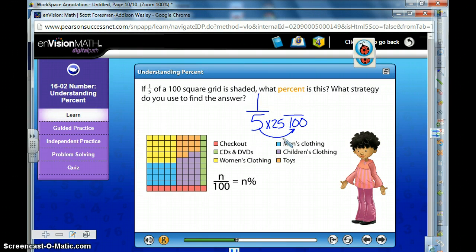What you do to the denominator, you also do to the numerator. We're going to take that times 25. 1 times 25 is 25. Now, we have the same n over 100 equals n percent. So 1/5 is the same as what percent? 25%. Very good, Ethan.